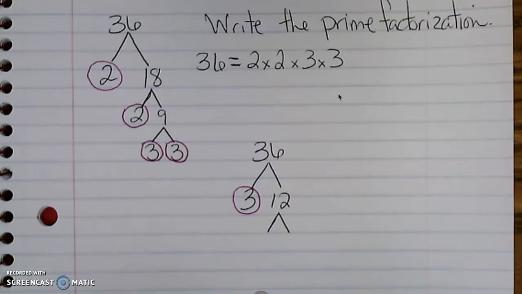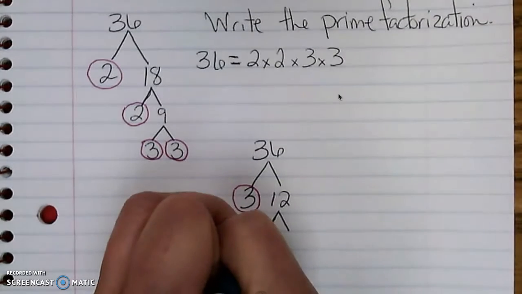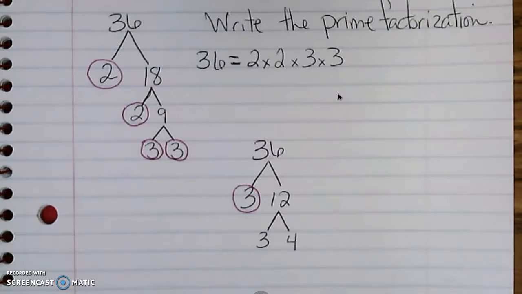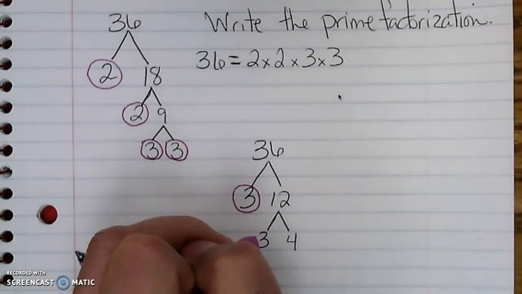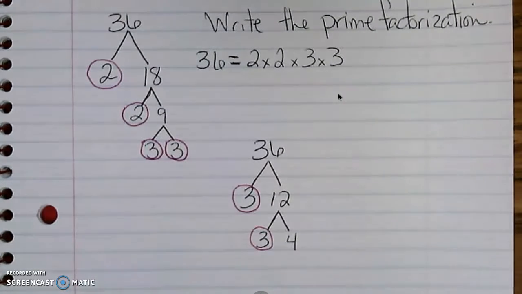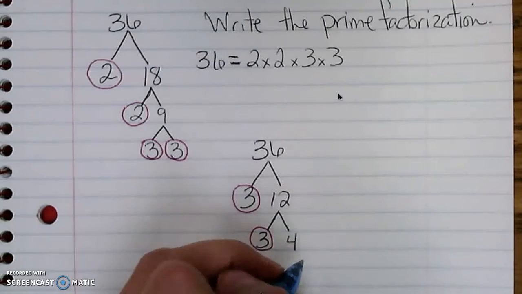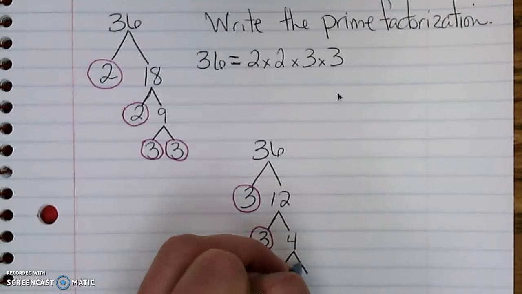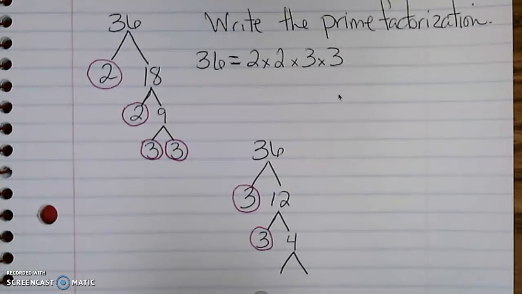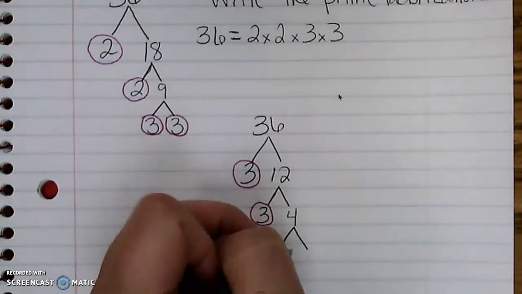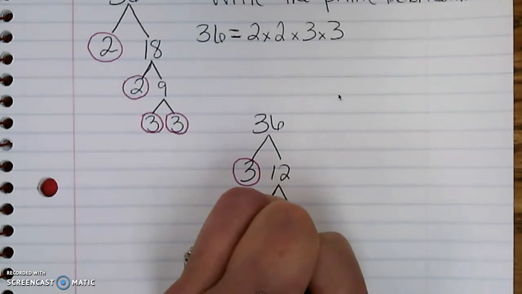And I can make 12 by doing 3 times 4. Now 3 is a prime number, I will circle it. And 4 is a composite number, so I'm going to break that down even further. And a factor pair of 4 is 2 times 2.